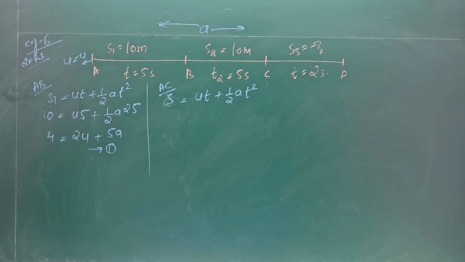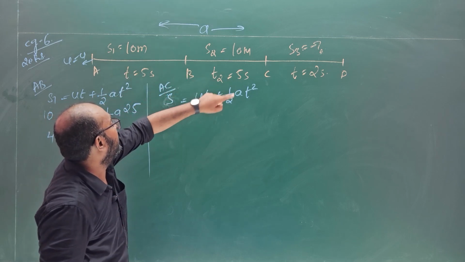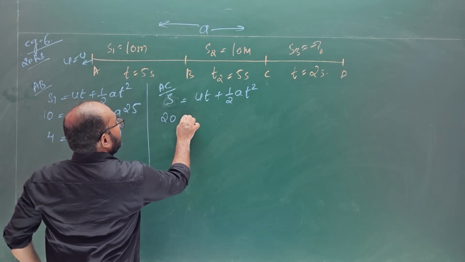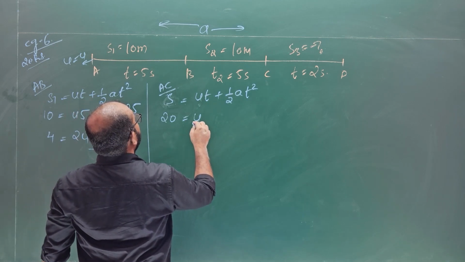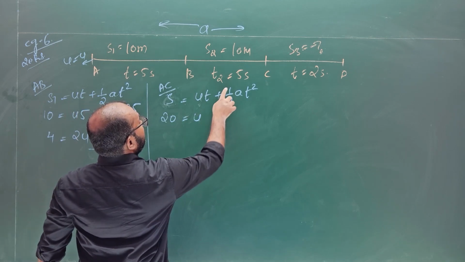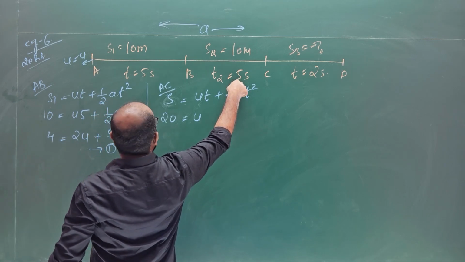How much will be the time? 8 seconds. So substituting that, S becomes 10 plus 10, that is 20, is equal to u times t, and t is 5 plus 5. Are there 5 seconds here or 3 seconds? How much is the time in the second instant? 3 seconds.